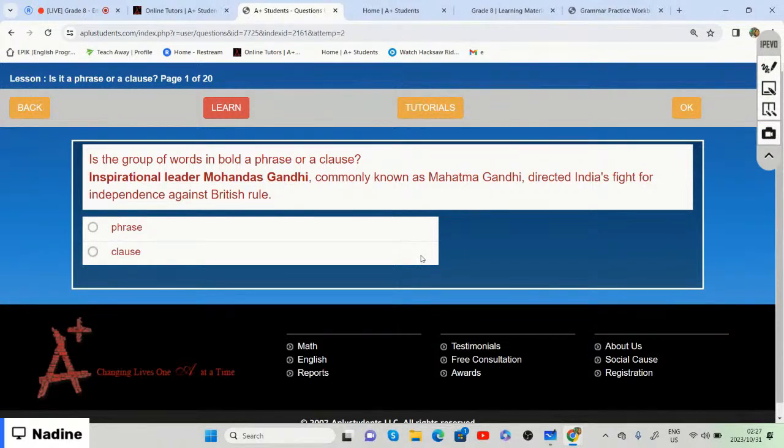Is the group of words in bold a phrase or a clause?